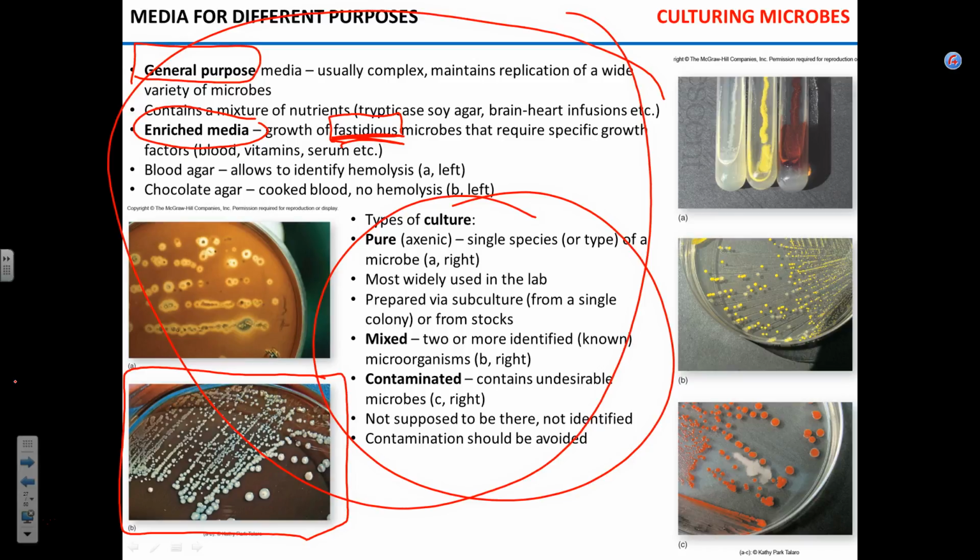Neisseria meningitidis is one of the, you've heard about the meningococcal vaccine, right? That people get. So that's Neisseria meningitidis. Neisseria is a fastidious microbe that requires an additional nutrient. And the problem is we don't really know what it wants.